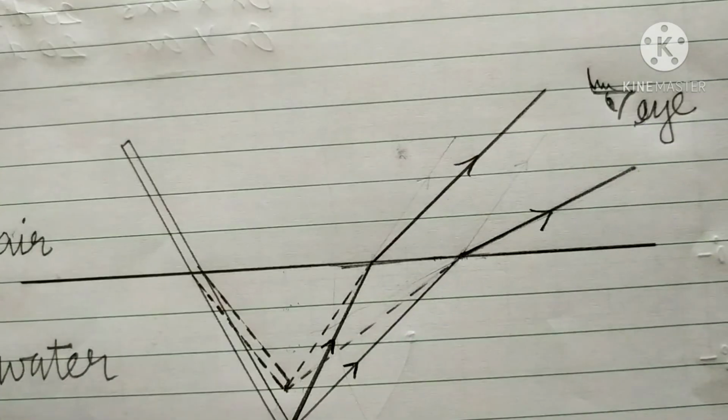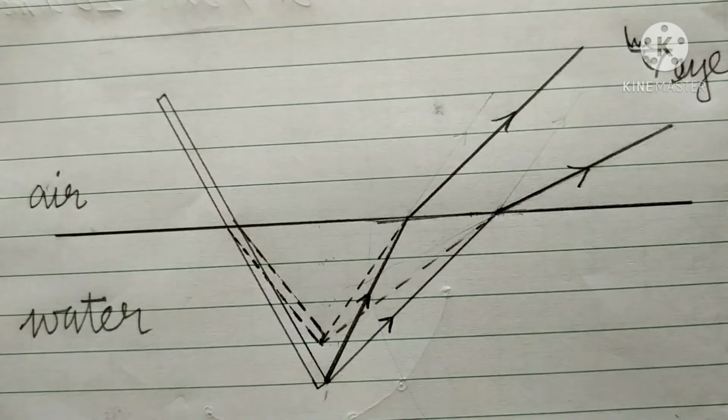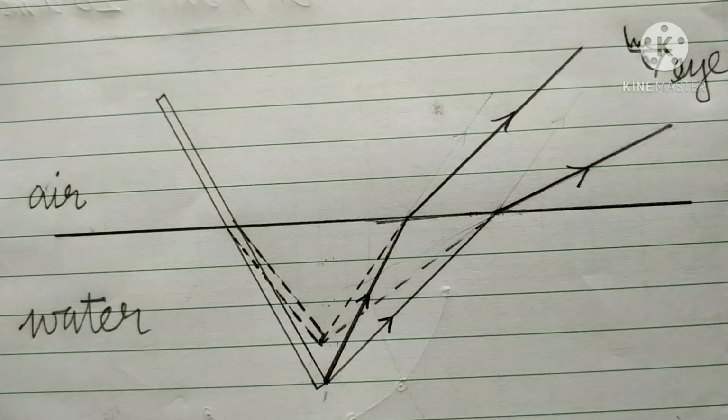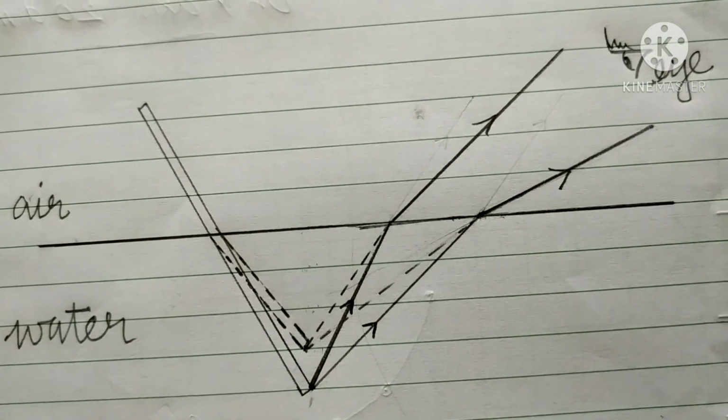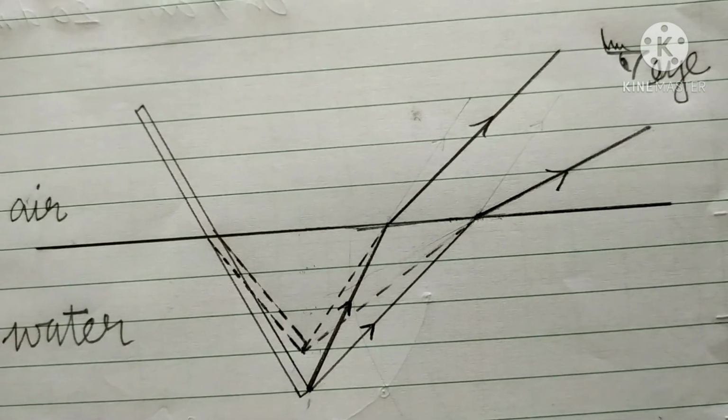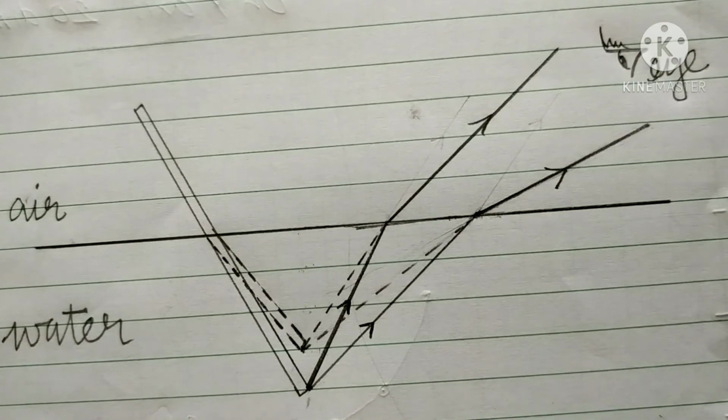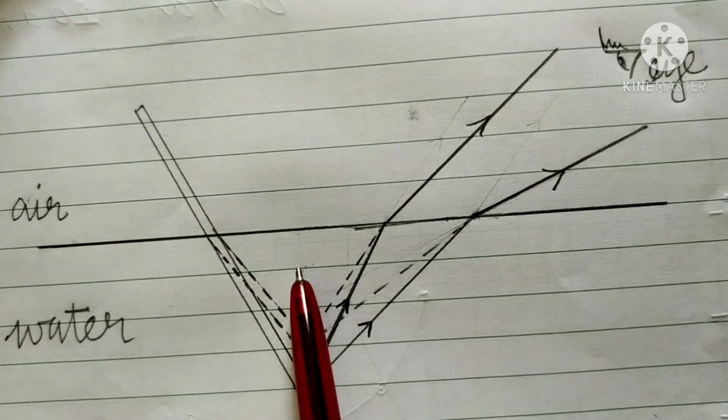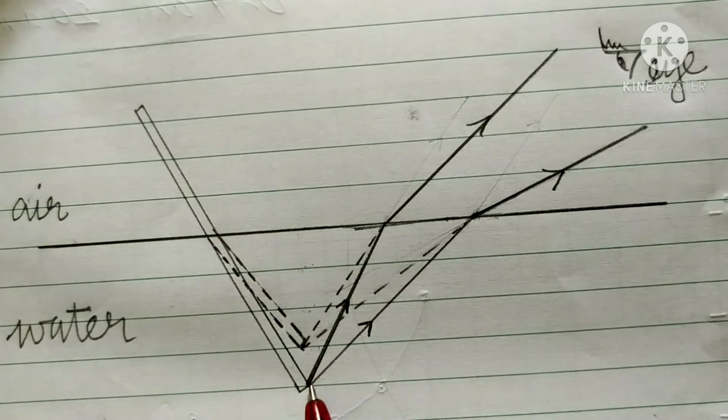Here I have selected a few responses which have at least one error. Your work is to identify the mistake and then not make the mistake when you draw the diagram. See this one. Real depth is 1 unit, 2, 3, 4 units.